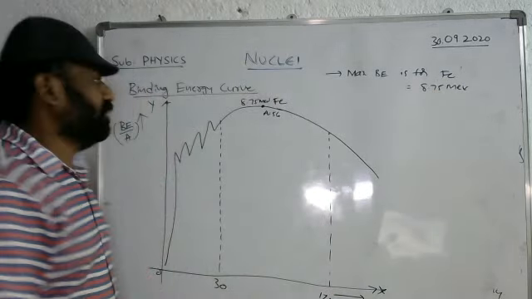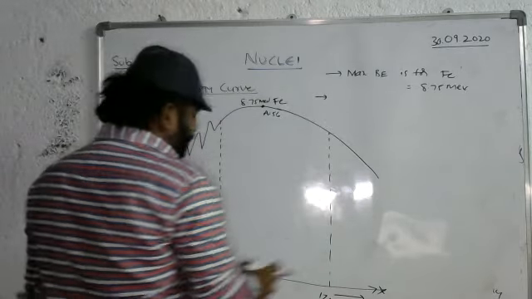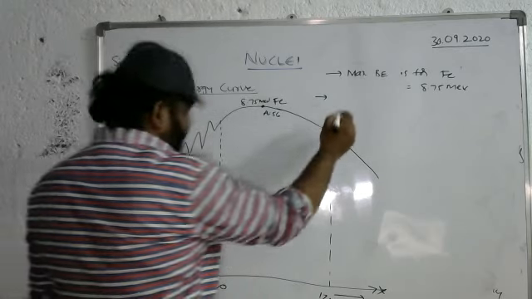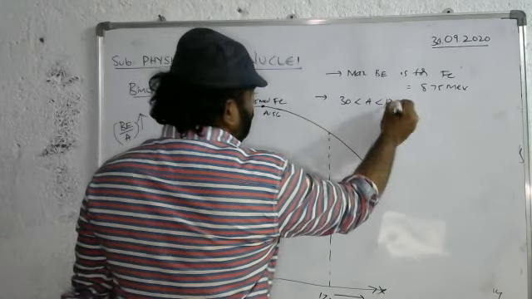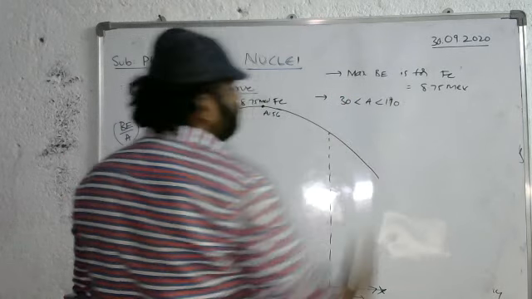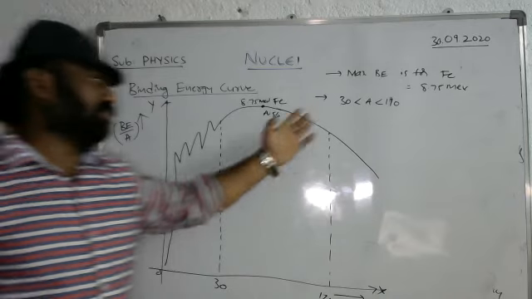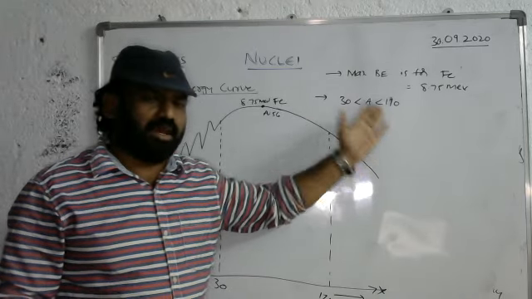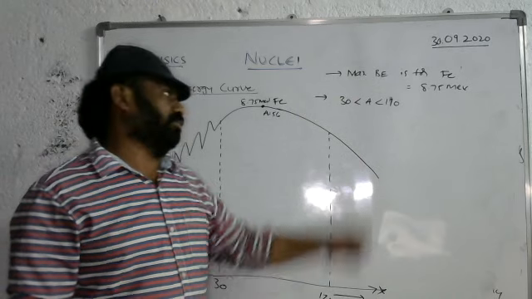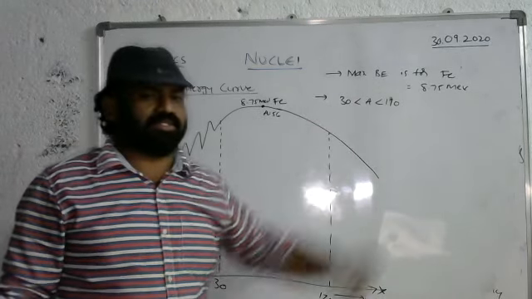Next, the binding energy curve is a maximum where the mass number lies between 30 to 170. The nuclei with mass numbers between 30 to 170 are more stable compared to the lesser mass numbers and higher mass numbers.